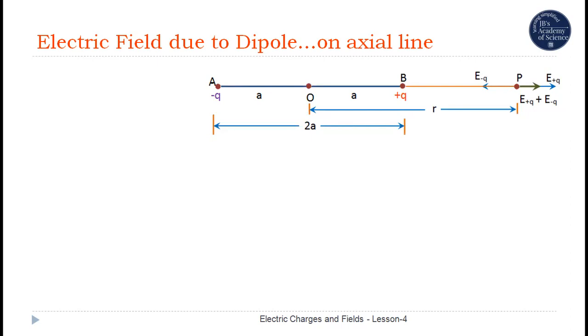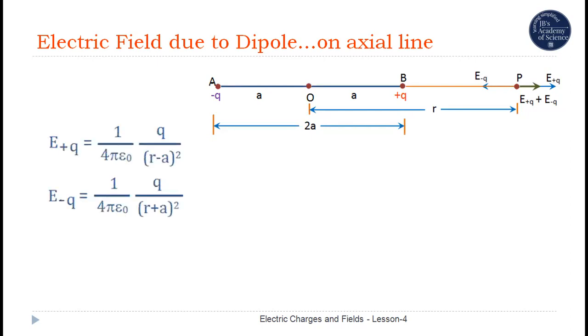So to calculate the electric field at P, find the electric field due to the individual charges. Let E plus q be the electric field due to plus q charge at P, and E minus q be the electric field at P due to minus q charge.